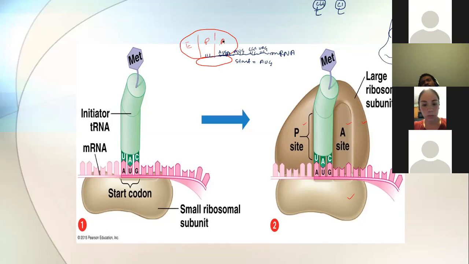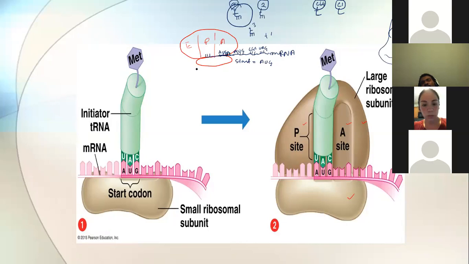Now all the transfer RNA, remember we have 20 different amino acids. So all the transfer RNA are carrying different amino acids, maybe amino acid 2, amino acid 3, amino acid 4. All 20 different tRNA are there carrying a specific amino acid, and at the tail, they have the corresponding anticodon.